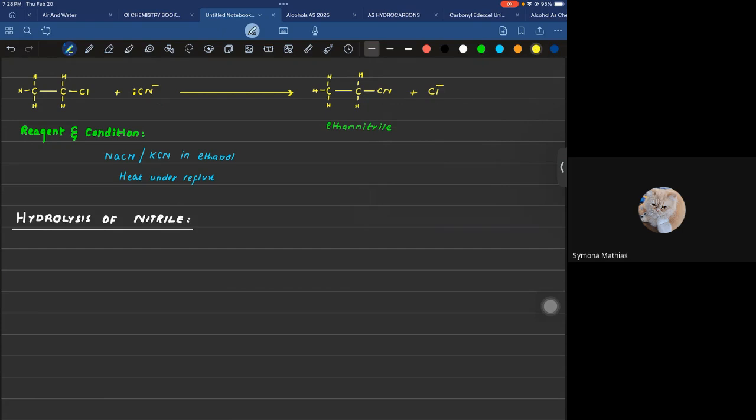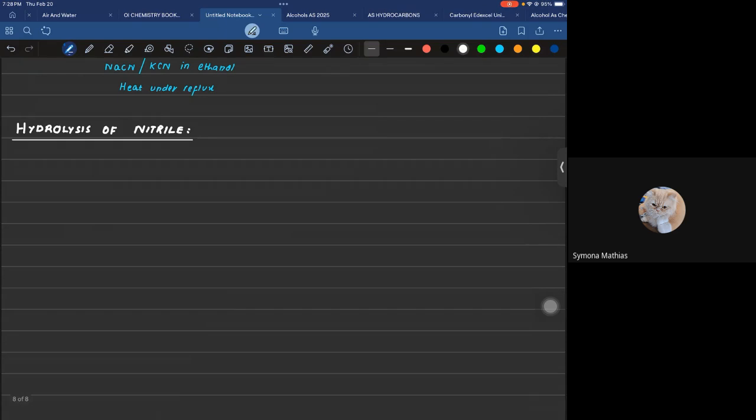Hydrolysis means that your substance is going to do a reaction with water basically. First of all we have acidic hydrolysis. You know, water is a must, but acid is used as a catalyst in acidic hydrolysis.